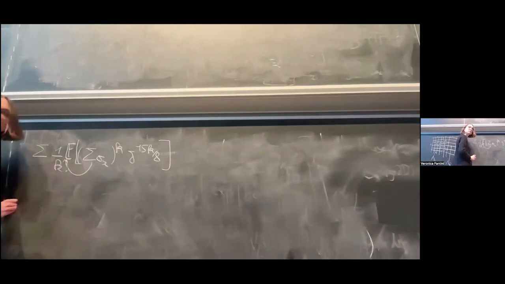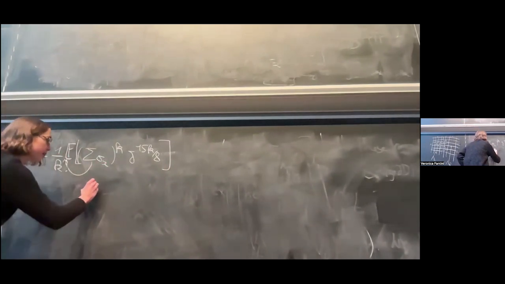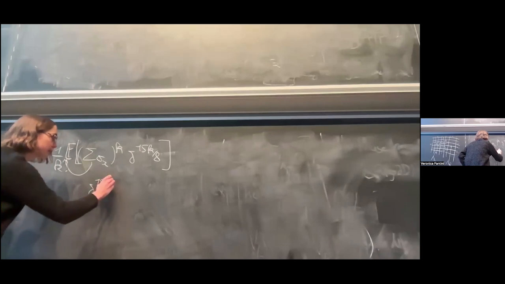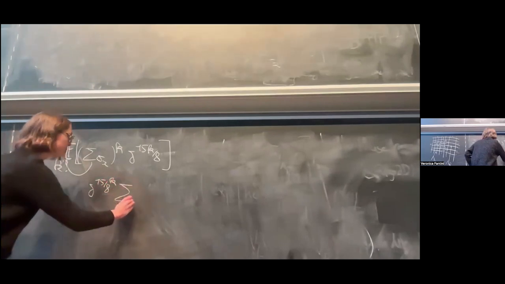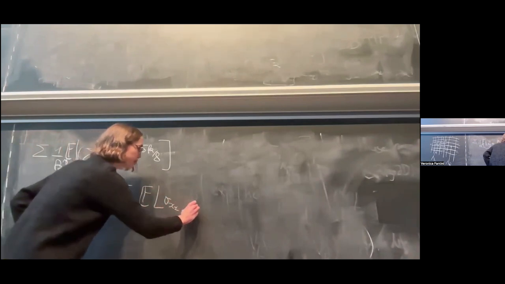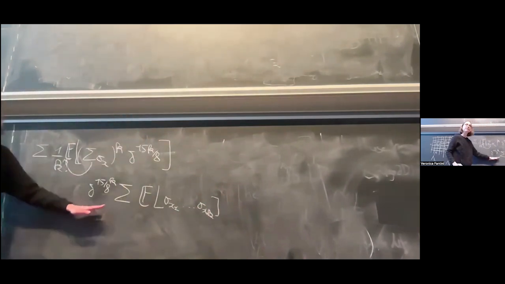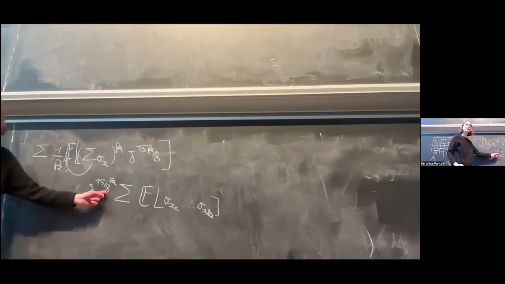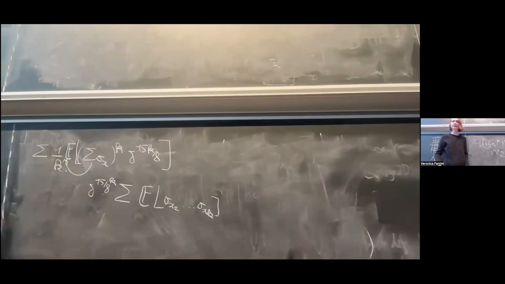I take the sum out, so I have this delta to the 15/8 k, and then the sum, and then the expectation of the product sigma x1 through sigma xk. And if I want to take the scaling limit of this, I really need this delta to the 15/8. It comes from the result of Sheffield, Ongler, and Ising that I mentioned. So that's true. For the magnetization of the curve, this delta to the 15/8 is not so important, but for the convergence of the conditional expectation, it is.